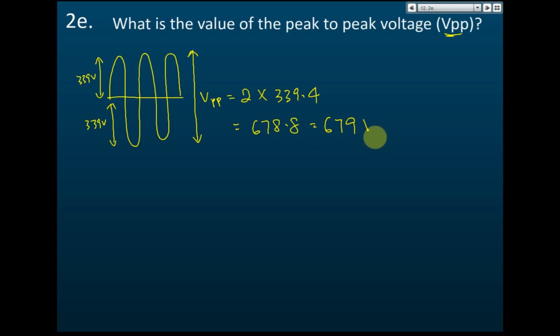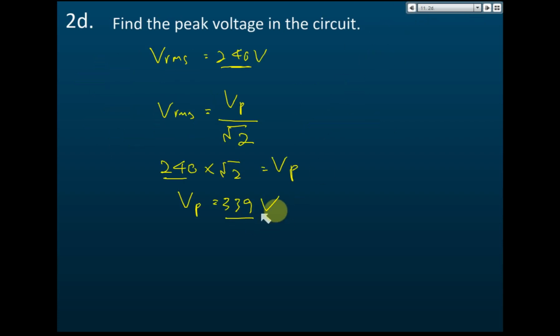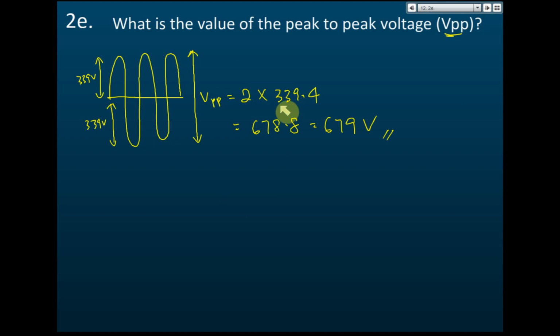679 volts. Now you see, in these calculations I use 339.4 instead of 339. In previous slides I got my answer as 339, but this time I use 339.4. Why?